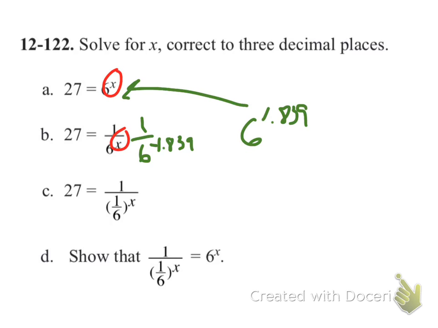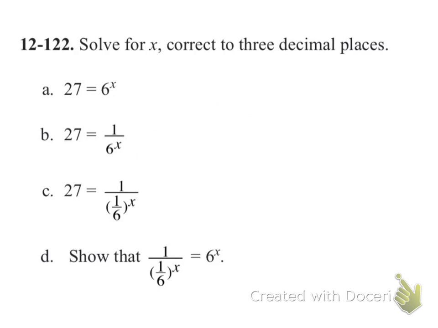One's positive, one's negative. So problem C, we could go through and do a lot of the same things that we did in the last two problems. Or if I think of what this is now, right now it's x to the 1/6. So if I want to make that a positive, or switch the sign for whatever this was.